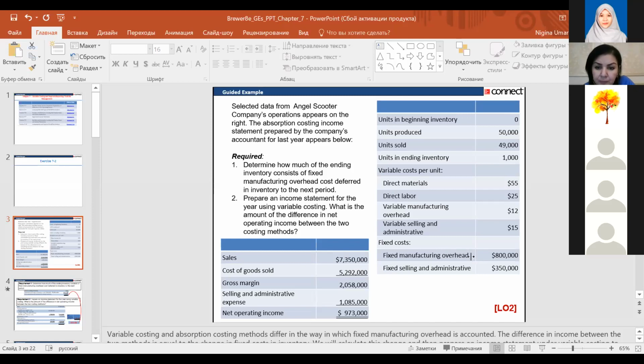Okay, so out of this 800,000, only a portion of fixed manufacturing overhead is included in the cost of goods sold here under absorption costing. And what is this amount?